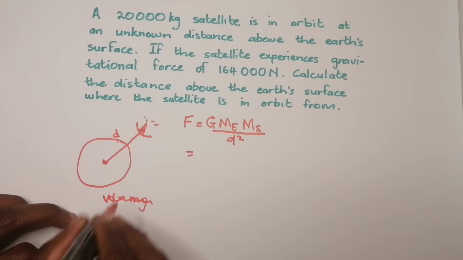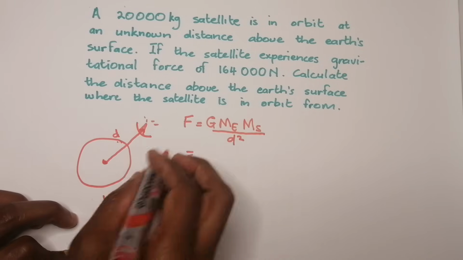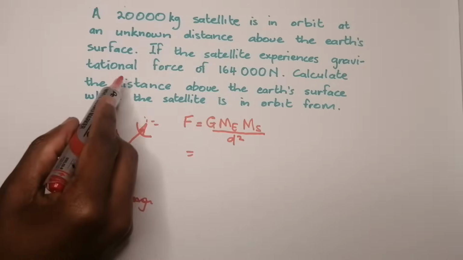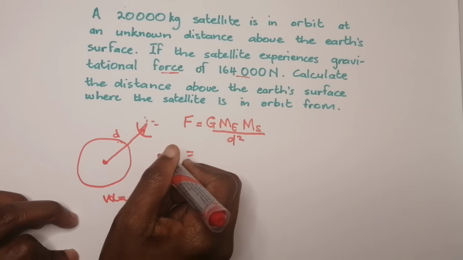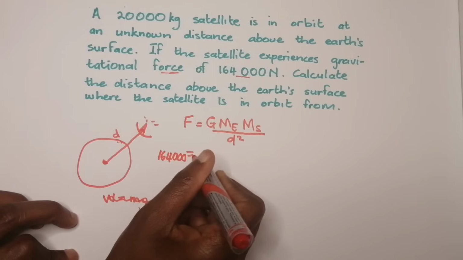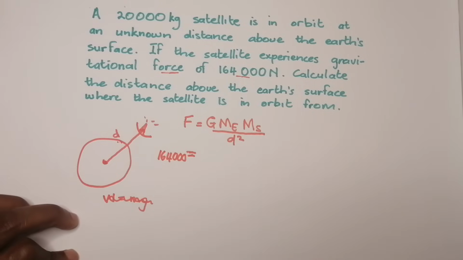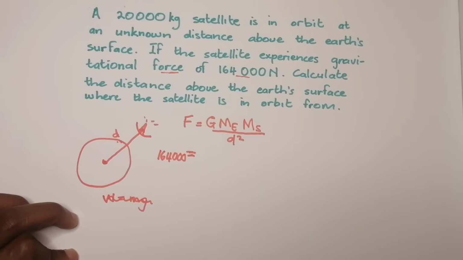So all we need to do now is substitute for all the relevant values. They told us that the gravitational force is 164,000, so this will be 164,000 newtons, or you can say 164 kilonewtons of force. Let's substitute all that we know.